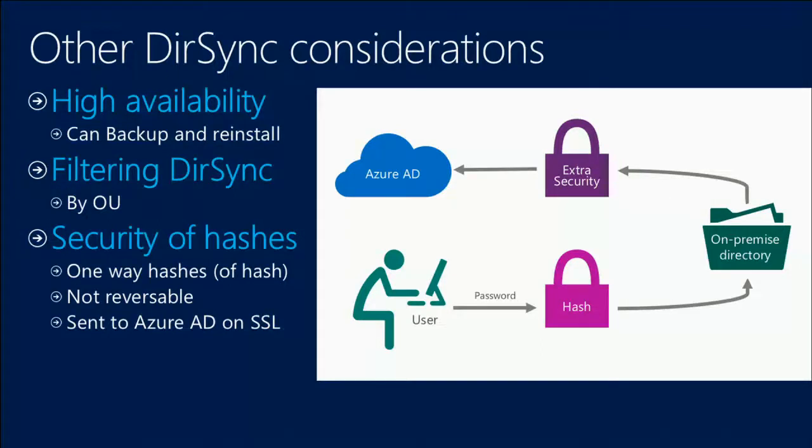However, you're going to notice that you'll get event log errors on that DirSync server if it's still operational, and your updates to your users are not going to go through. So what you can do, instead of having high availability or standby servers, is have a cold standby server, where you have a spare Windows Server machine or a VM that is ready to install and configure DirSync on.